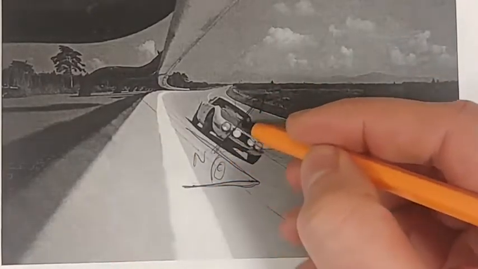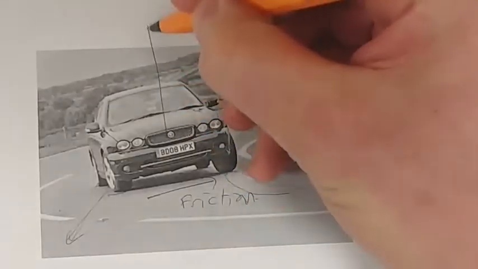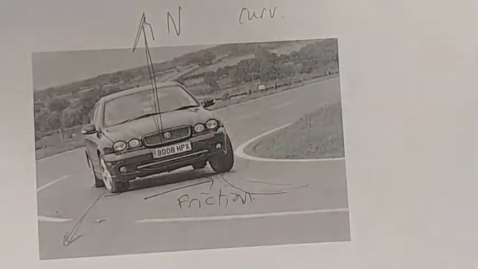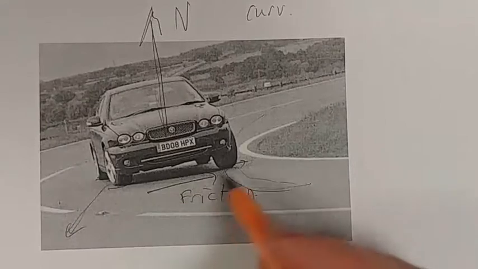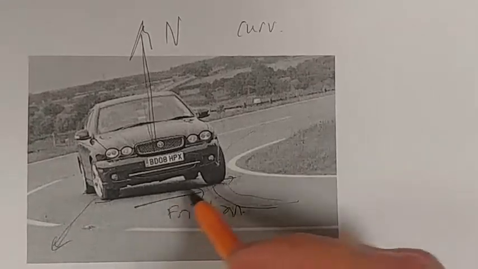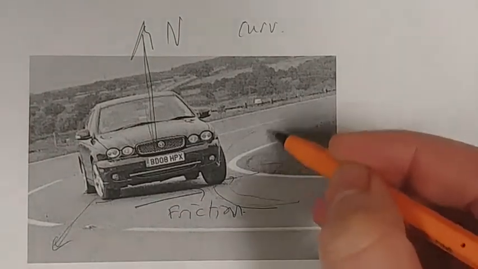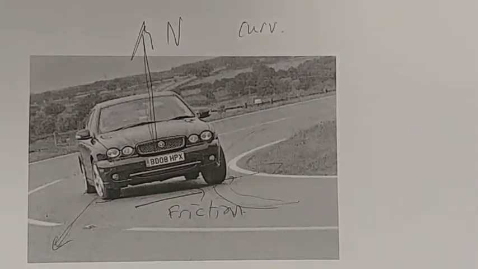So why would we want to bank the road, to increase this angle? Because with a flat road, friction was the only component pushing you inwards, stopping you from sliding out.